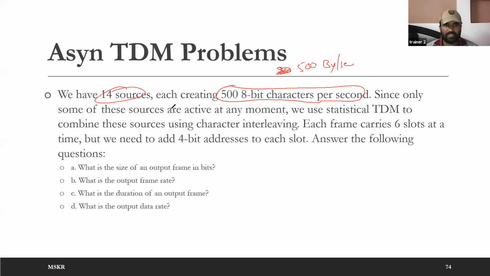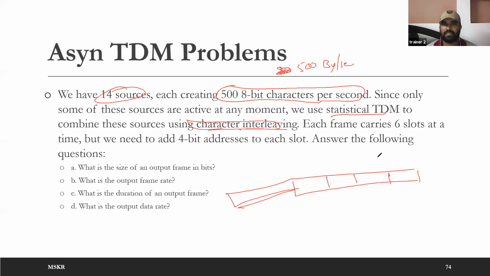Since only some of the sources are active at a moment, we use statistical TDM to combine the sources using character interleaving. This term is not important for now. Each frame carries 6 slots at a time, but we need to add a 4-bit address to each slot.